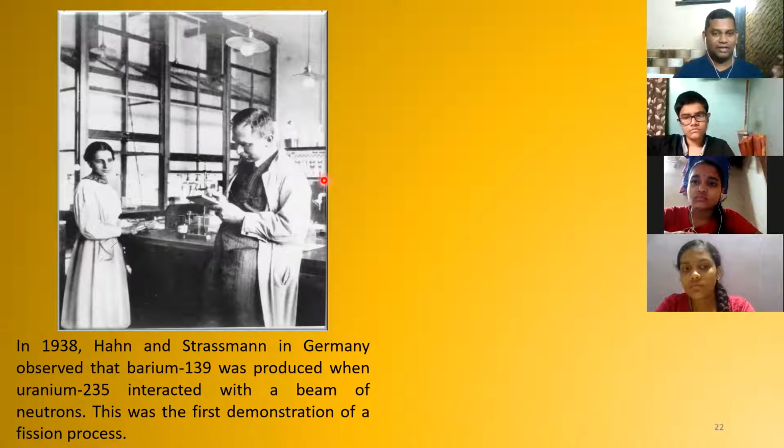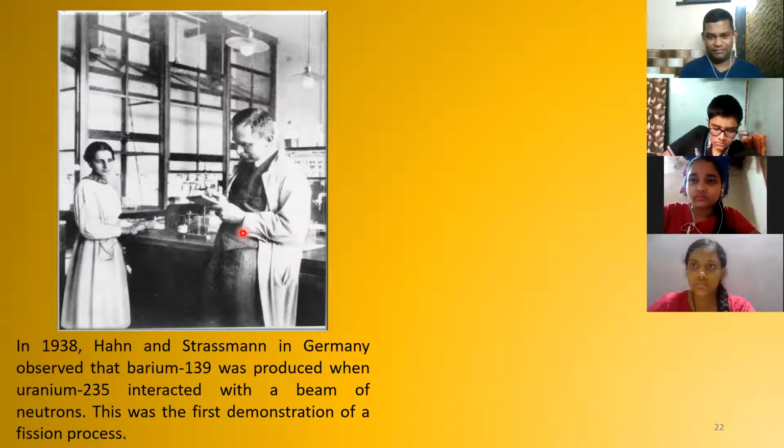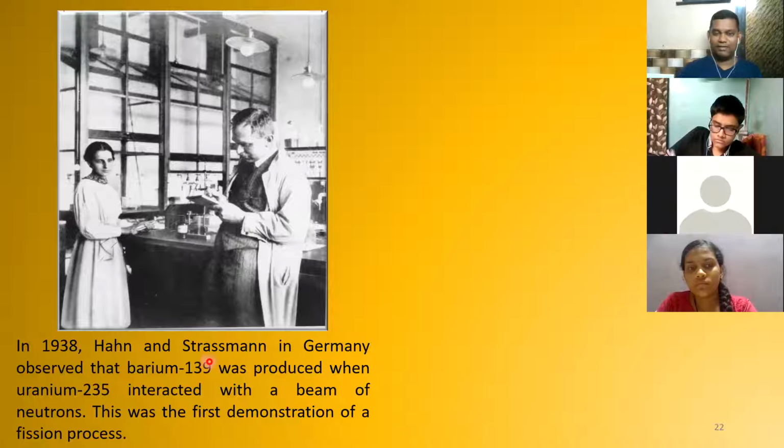So when there are certain elements in which the atomic mass is very high, they are unstable. Because of that instability, they release high energy particles, which we call radioactivity. Then they become stable. Something like this was observed for the first time in 1938 by two people, Hahn and Strassmann in Germany.